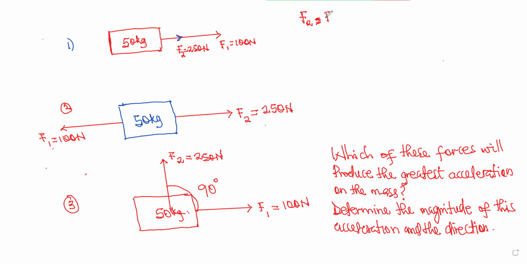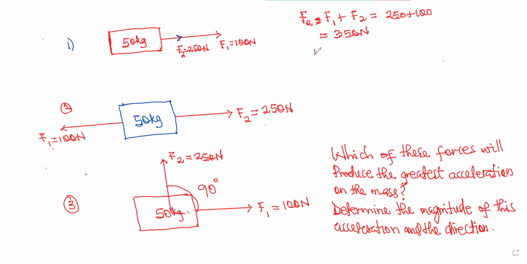So F1 plus F2, meaning that for diagram 1, the resultant force will be 250 plus 100, which will total 350 Newton. By the theory, if there's the largest resultant force, then automatically you must have the largest acceleration.